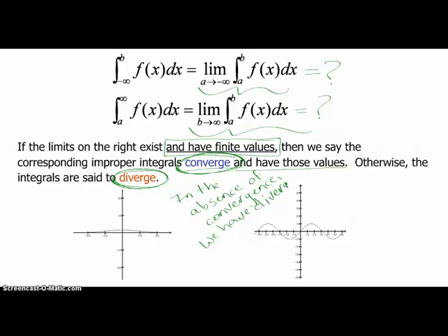And divergence can look like several different things. Divergence doesn't have to look like just a whole lot of area or an amount of area that's tending toward infinity. That's one definition for divergence. But also divergence can be an area that never settles down.